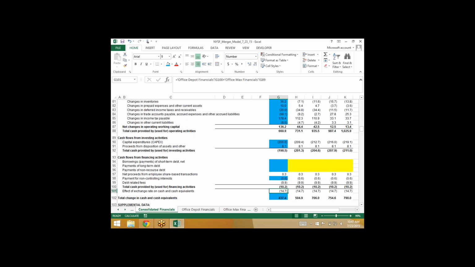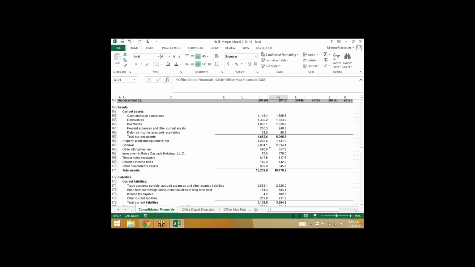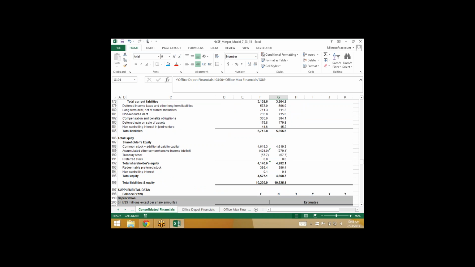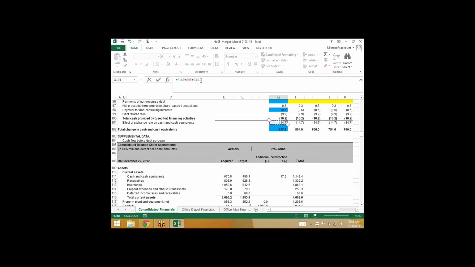Any question on that? So, other comprehensive income, I'm going to link into that. Anything related to equity, where are we? Right now, we're already adding net income. I'm going to link to that from the bottom. Cash and cash equivalents always goes in there.